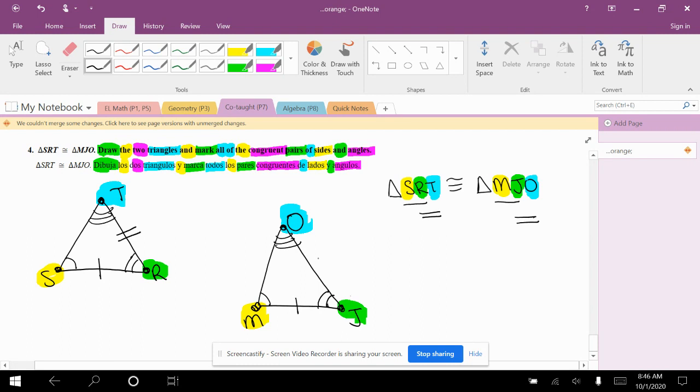I can put 2 tick marks. Side ST and side MO are congruent, so I can put 3 tick marks. These sides are congruent.